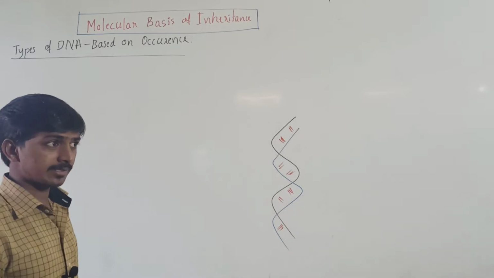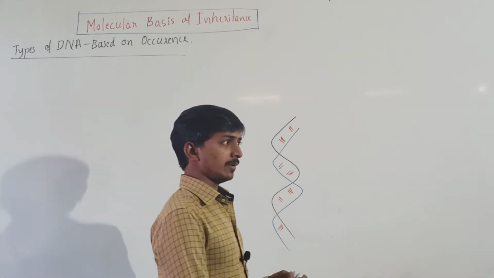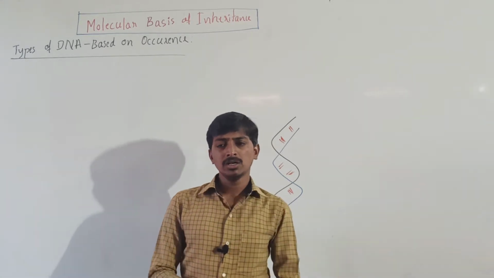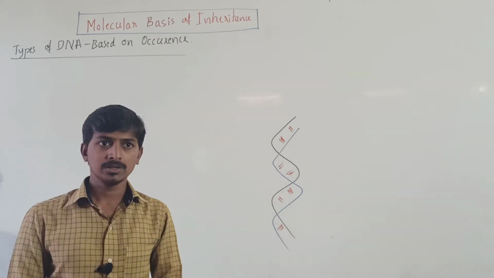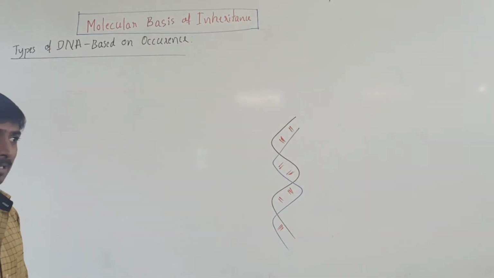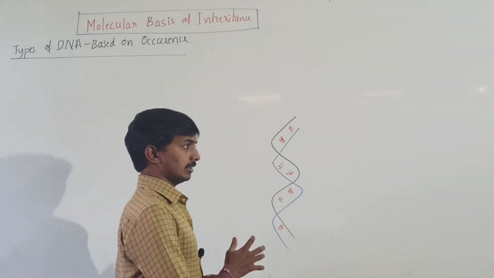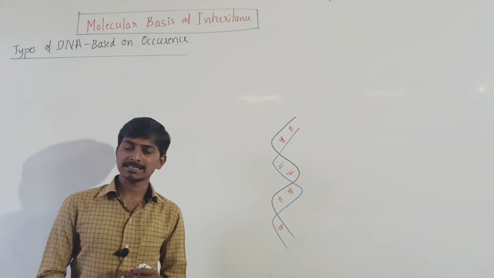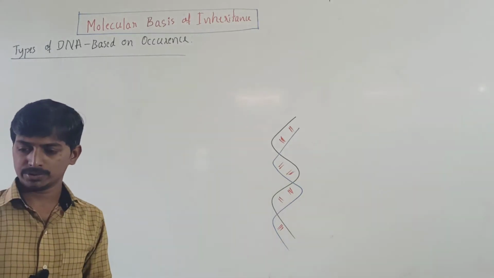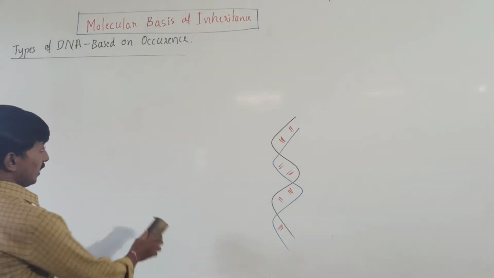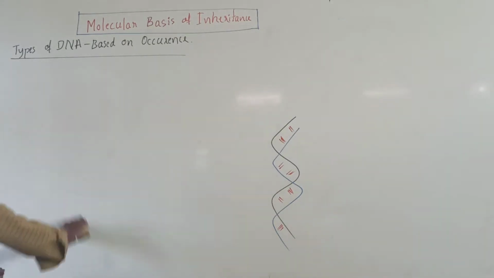The type of DNA is different in prokaryotes and in eukaryotes. So we'll see how the DNA is there in prokaryotes as well as in eukaryotes.